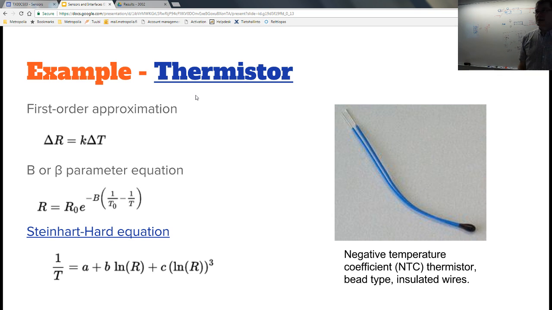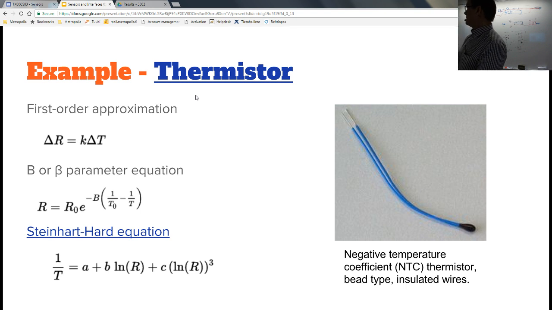Okay, one example of a transfer function is the thermistor. Usually the negative temperature coefficient, NTC, thermistor, which basically has quite in a short range a transfer function that is quite linear.